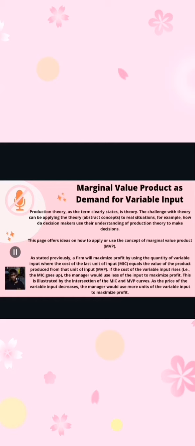If the cost of the variable input rises, i.e. the MIC goes up, the manager would use less of the input to maximize profit. This is illustrated by the intersection of the MIC and MVP curves. As the price of the variable input decreases, the manager will use more units of the variable input to maximize profit.